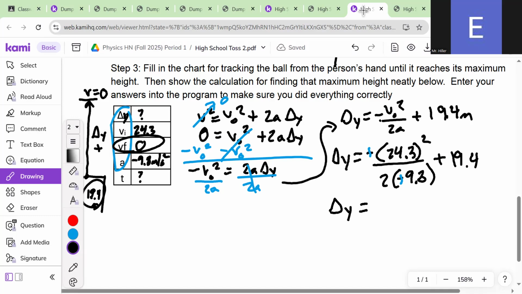All right, so let's find the overall max height. I'm getting a max height of about 49.53 meters in my case.